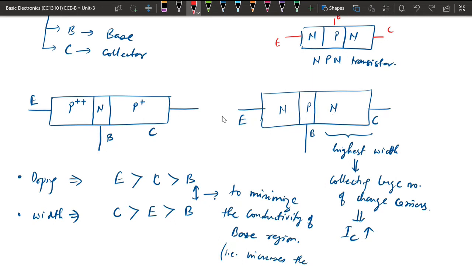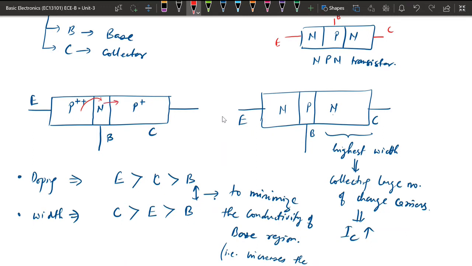So that's why the emitter is made highly doped, and the base is made lowest doped, because if the base also has higher doping, then whatever majority charge carriers move from the emitter to the base will combine with the available charge carriers in this base region. Once they combine, fewer charge carriers will be available to transmit.